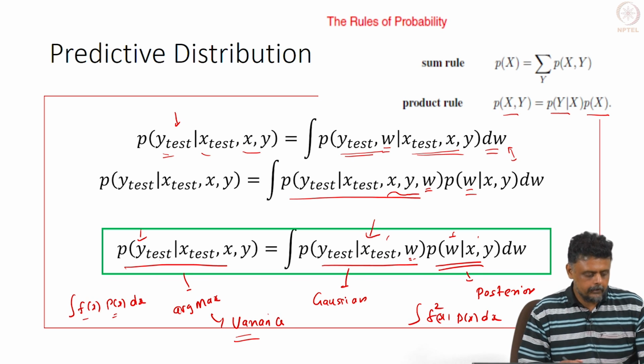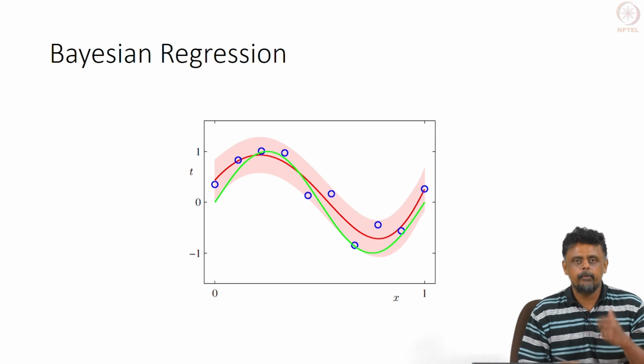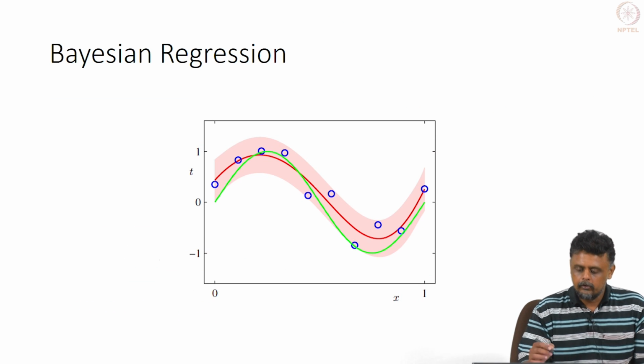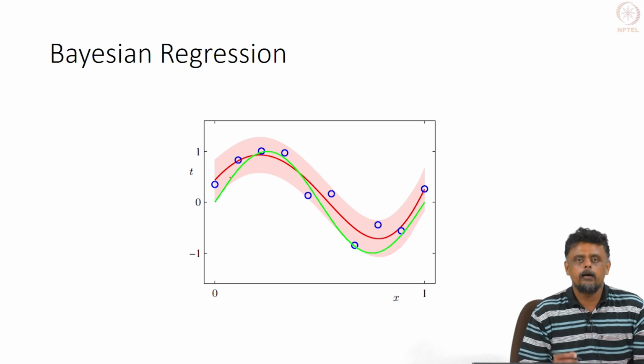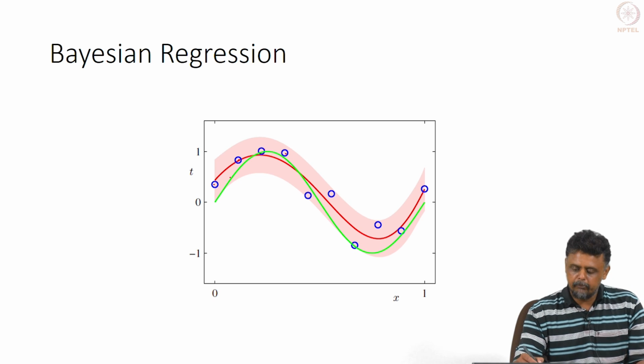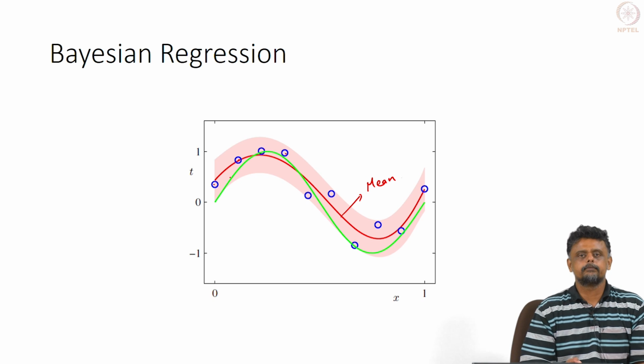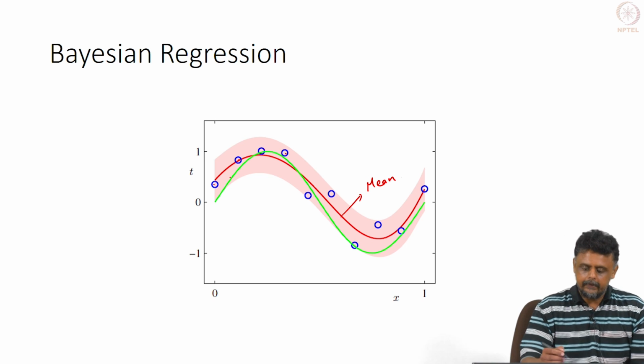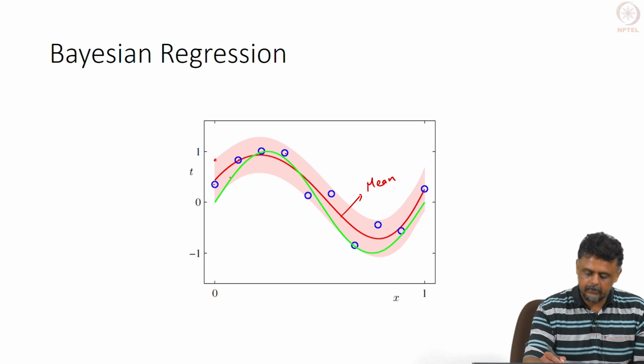Okay. So, then if you look at the output of a Bayesian regression, the green is the true curve, which we have noise added and we have sampled these blue circles, we have seen this before. The red is the mean estimate, that is the mean estimate for Y, and the spread for every data point is available.